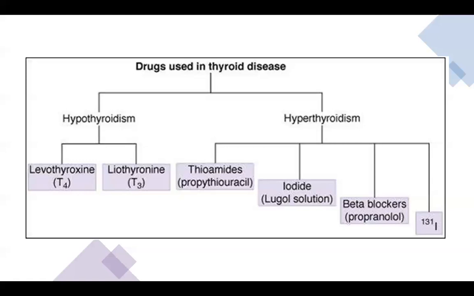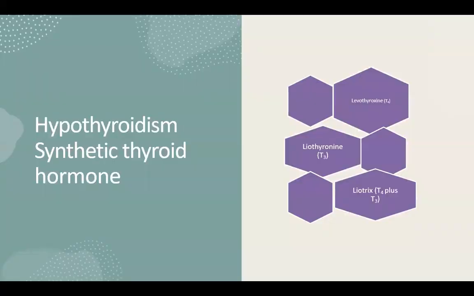In this case, we basically want to shrink the gland. So we have two options: either surgery, and by the way, this is not our first-line therapy. This is when the medications fail, then we go for our surgical approach. And the other one is iodine 131. Okay, so let's start discussing each one of them.